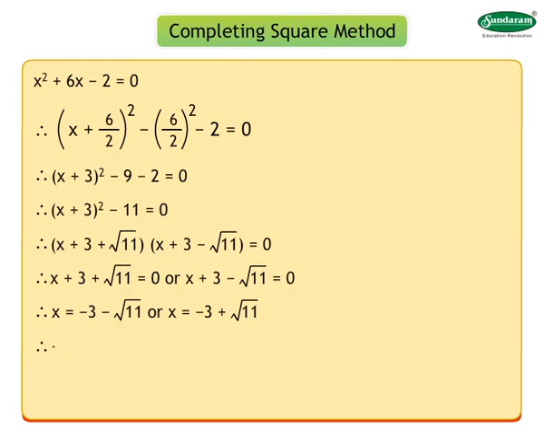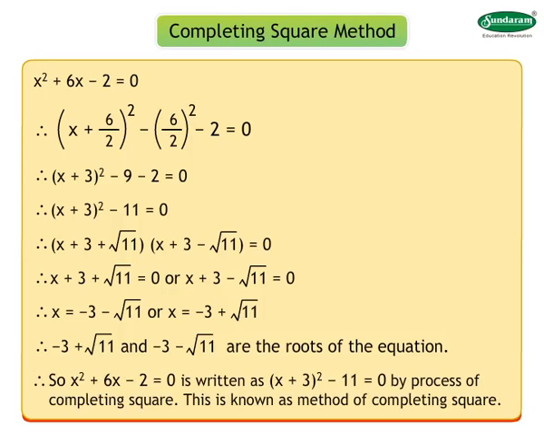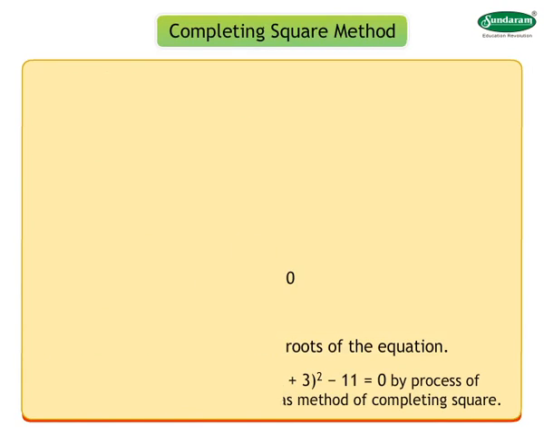Therefore, minus 3 plus root 11 and minus 3 minus root 11 are the roots of the equation. So, x square plus 6x minus 2 is equal to 0 is written as (x plus 3) whole square minus 11 is equal to 0 by the process of completing square. This is known as the method of completing square.